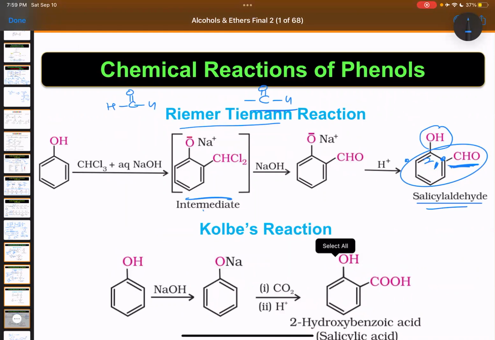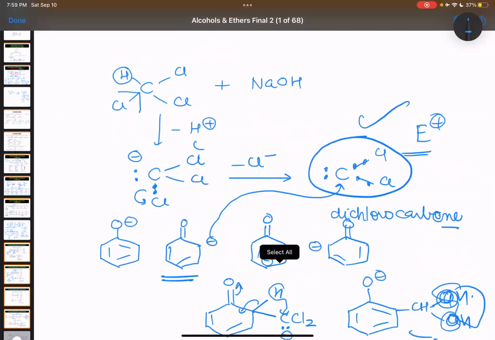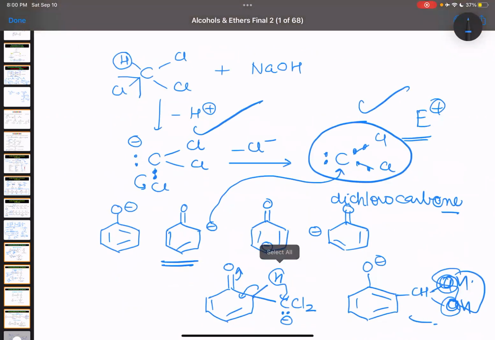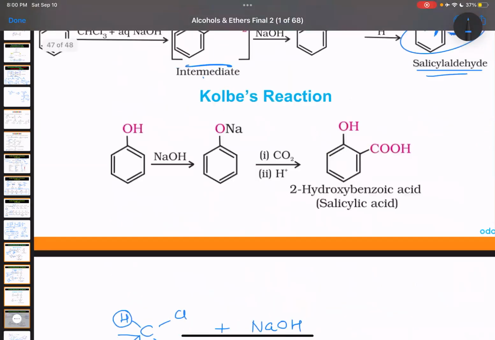This is the intermediate, and this is the intermediate. The phenoxide ion is also an intermediate of the reaction.